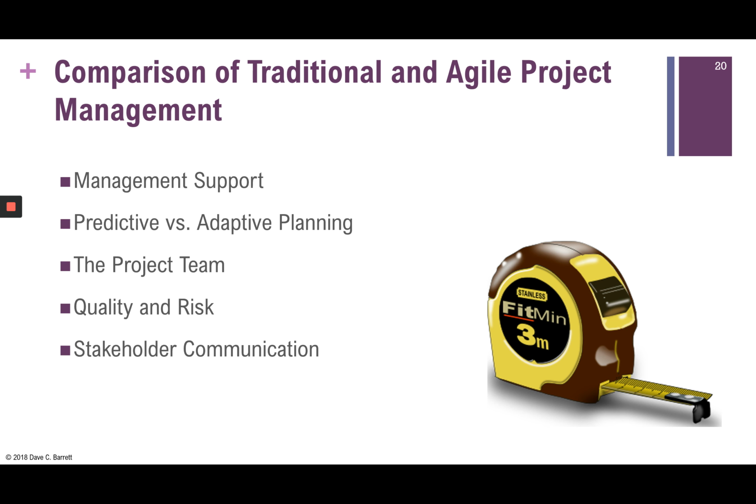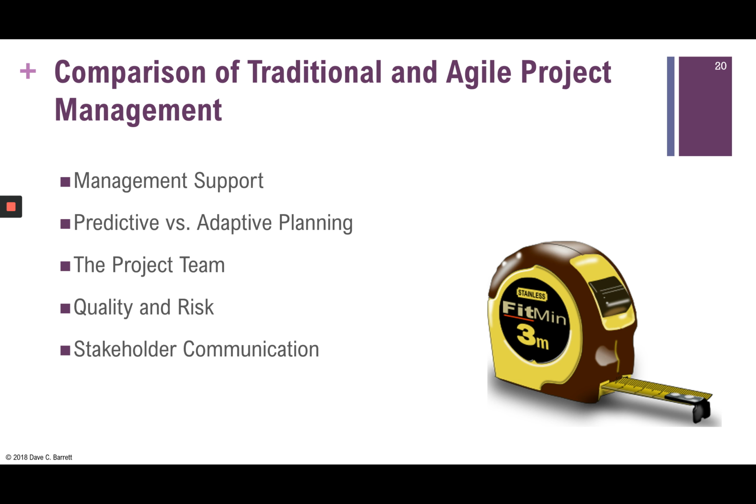Stakeholder communication: definitely stakeholders need to be communicated with during traditional projects and agile projects. It's just done a little bit differently. In traditional project management, you would have seen the creation of the communication management plan, and it would have been planned out and so on. Within Agile, it's somewhat built into the process.